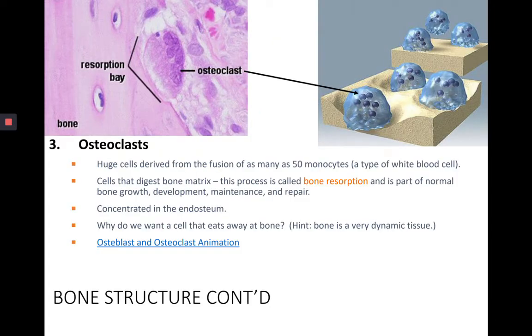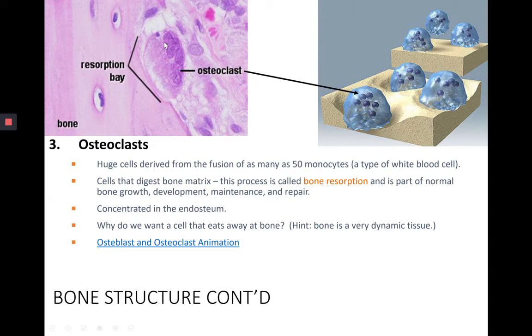Osteoclasts are huge compared to osteocytes. So here's an osteoclast. It has many nuclei, and then compare it to an osteocyte. The area where it's absorbing bone, breaking it down, is the resorption bay. And again, that breakdown of bone, the process where cells digest bone, that cell being the osteoclast, is called bone resorption.